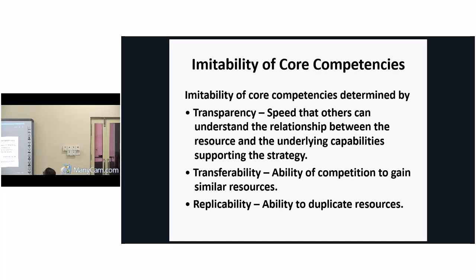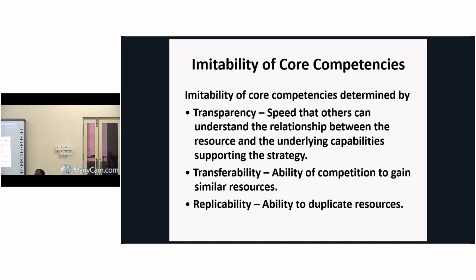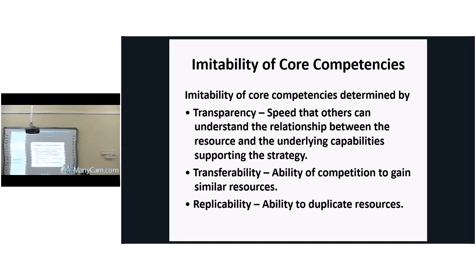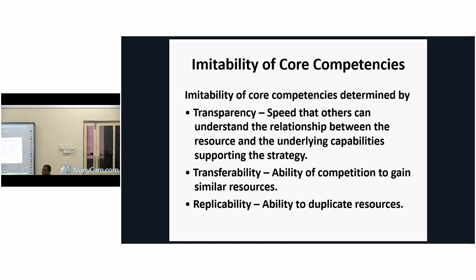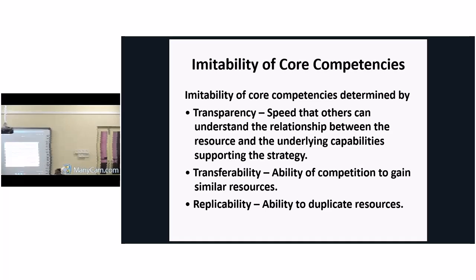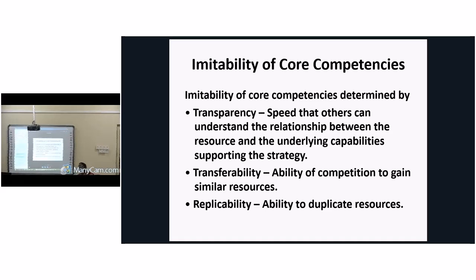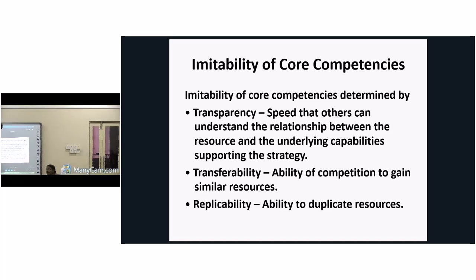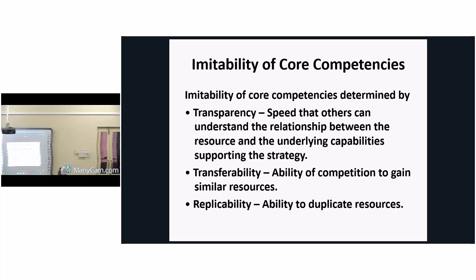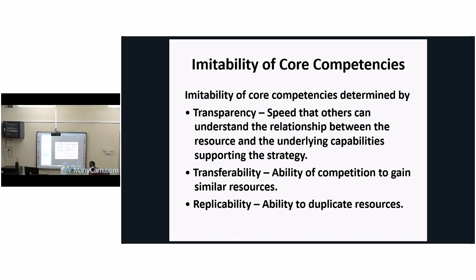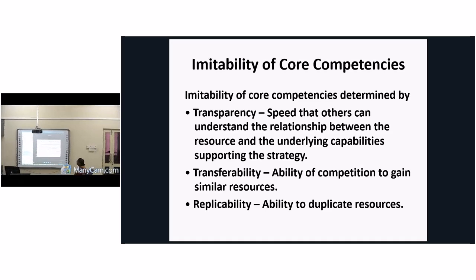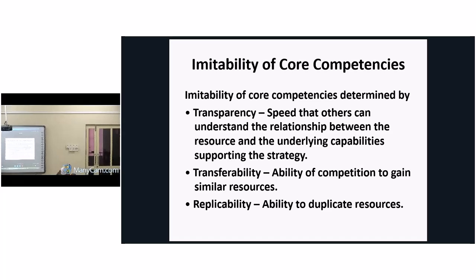Then replicability is the ability to duplicate. For example, they can use substitutes for a particular product, for a particular resource. They can have duplicates, other substitute products. So that is replicability.